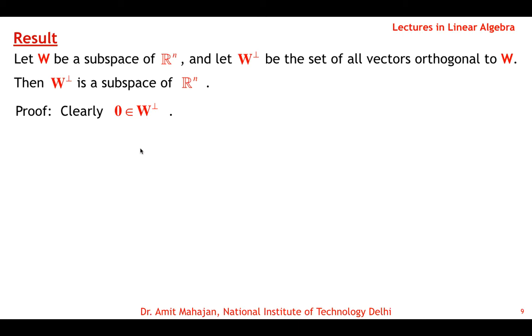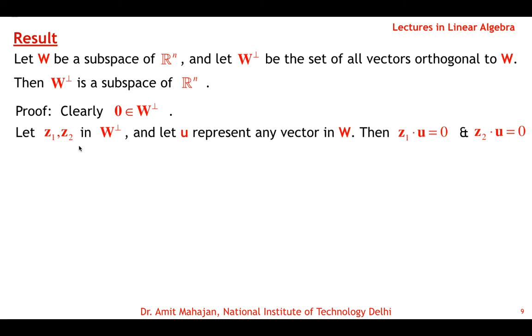The second property is that we have to take two vectors in W perpendicular and prove that their sum is also in W perpendicular. So let z1 and z2 be in W perpendicular, and if they are in W perpendicular, their dot product with any vector in W will be 0. Let u represent any vector in W. So immediately we have that z1 dot u is 0 and z2 dot u is also 0.